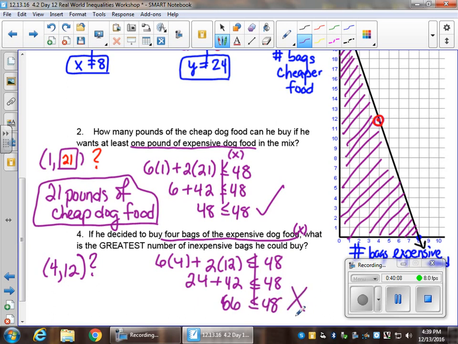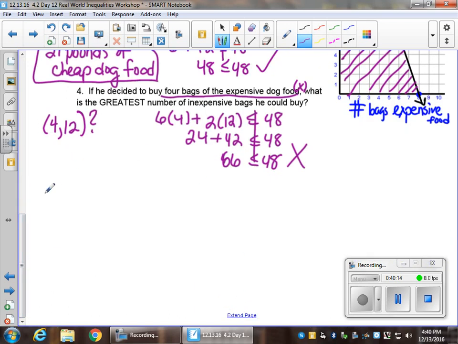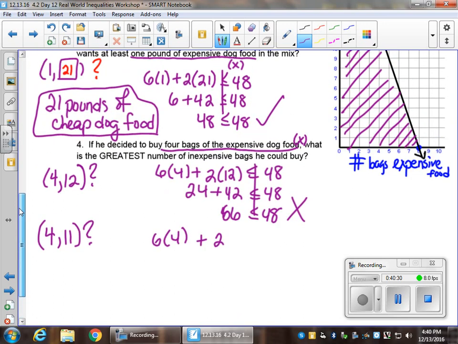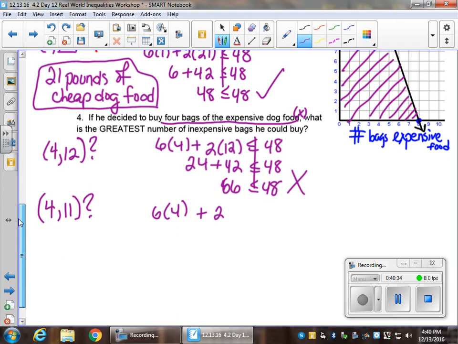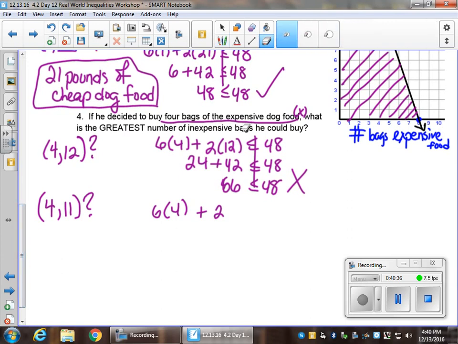That's a no, because 66 is not less than or equal to 48. So that's where we kind of come back to the drawing board and say, well, what if you just bought 11? Let's knock it down by 1. So 6 times 4 plus 2. Wait a second. Oh, I'm messing this up.